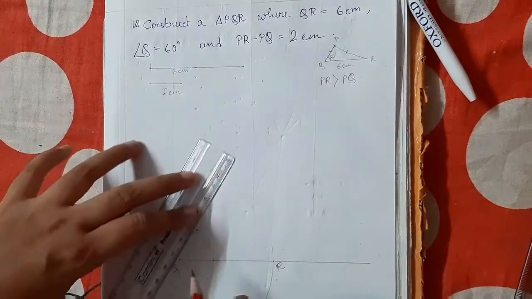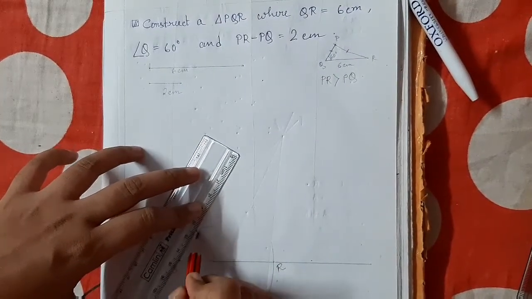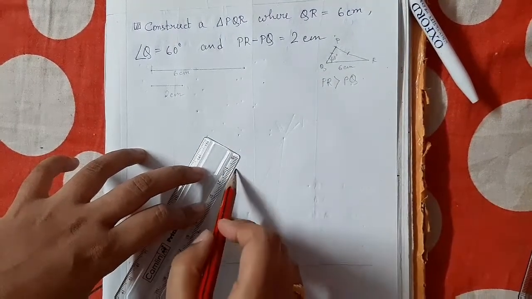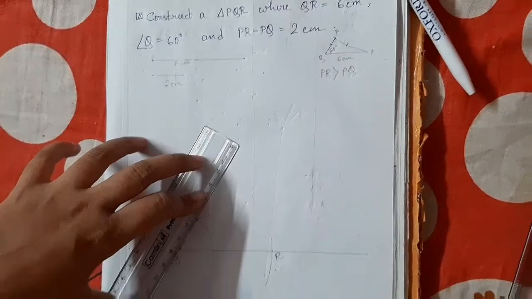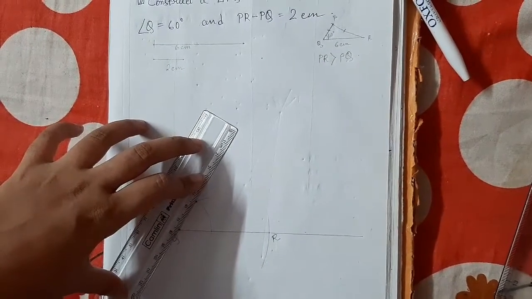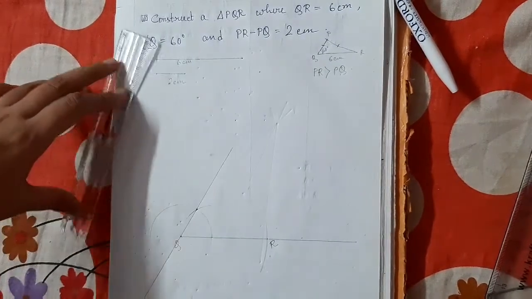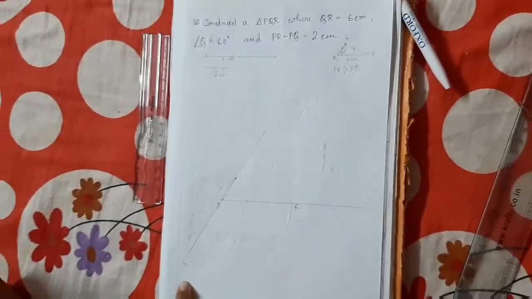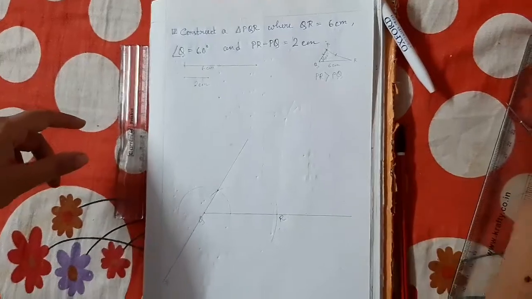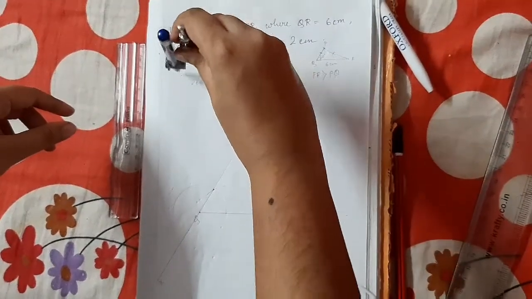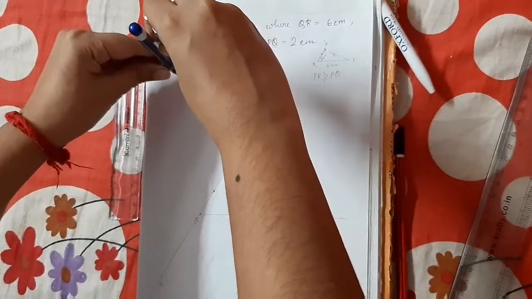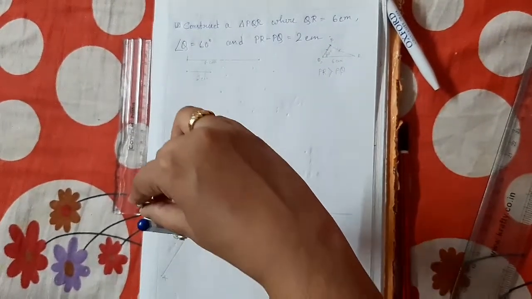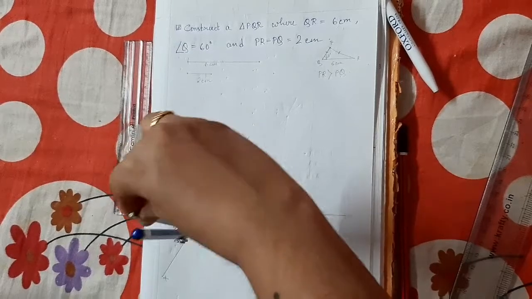Now for this construction you have to join these two points and extend the line downward, on the bottom side. Suppose this end point is X. Now you will take this 2 centimeter measurement and cut it from point Q on the bottom side.